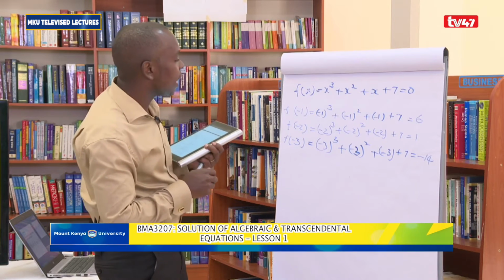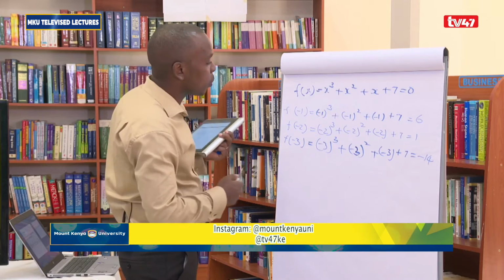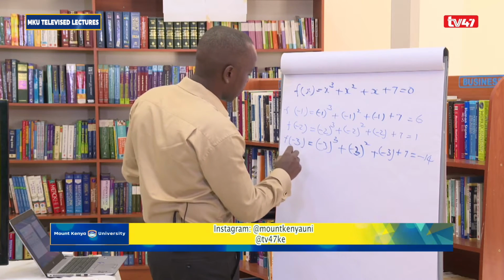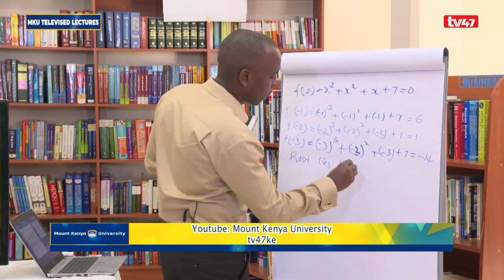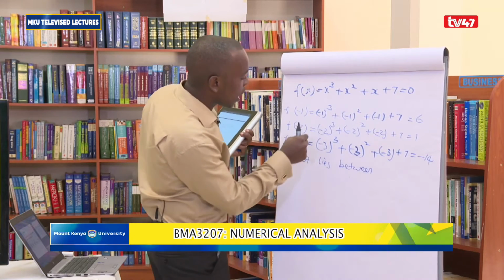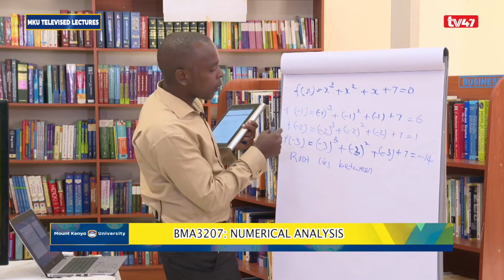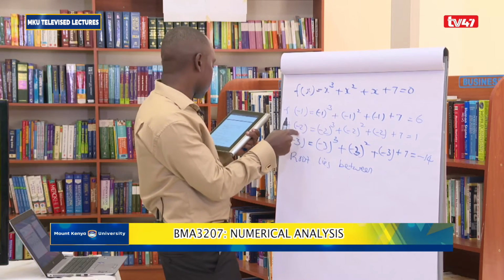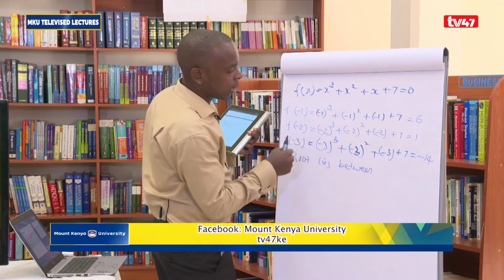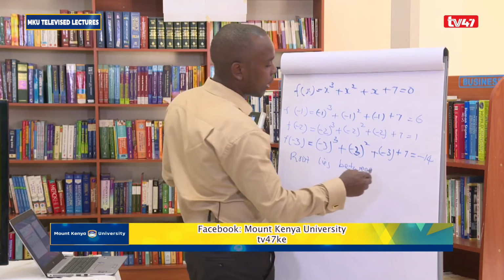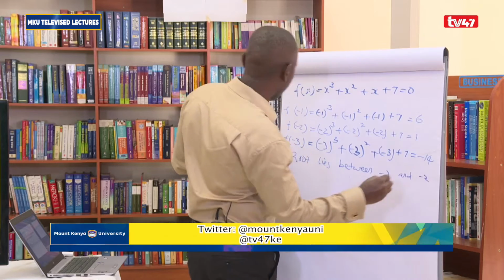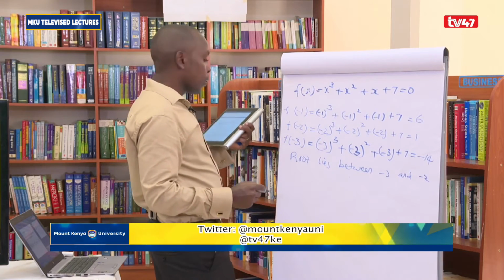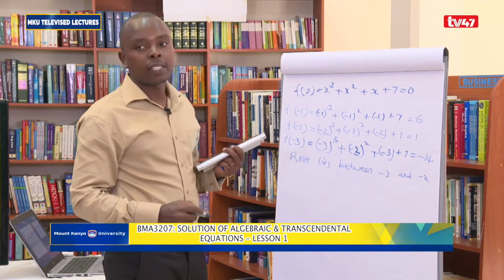So therefore, we can say that the root lies between -2 and -3, or simply -3 and -2.